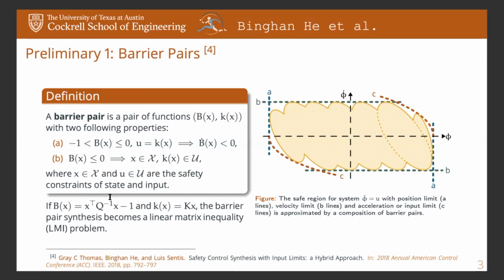Many controllers can create this kind of invariant set and form barrier pairs. If you consider a quadratic barrier function and a full state feedback controller, you obtain an ellipsoidal region of attraction, and the barrier pair synthesis problem will become a linear matrix inequality problem. I will introduce this kind of synthesis later.